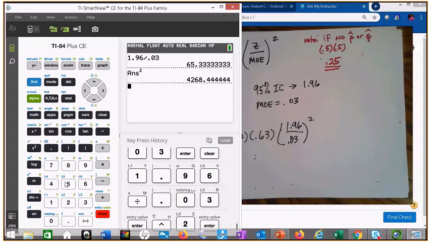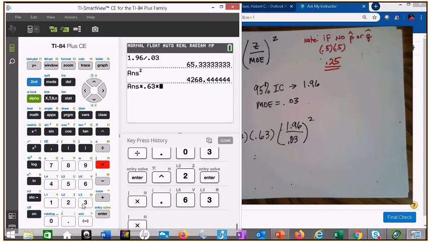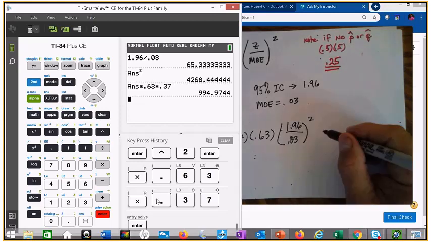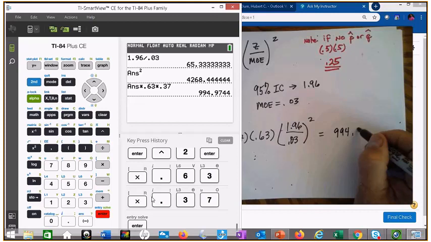And I'm going to multiply that by 0.63, and then I'm going to multiply that by 0.37. And that gives me 994.97, which is 995 people.